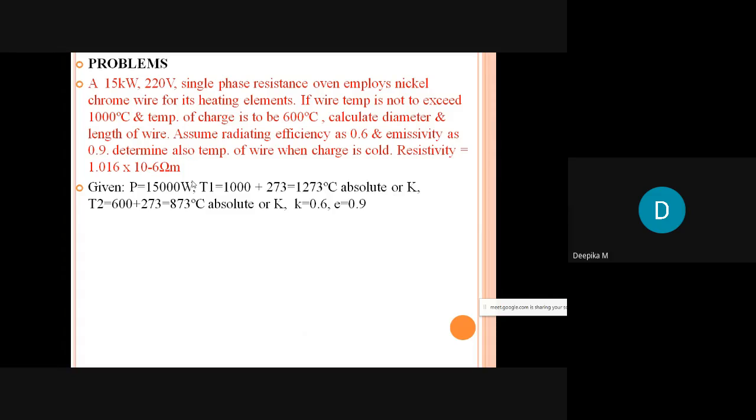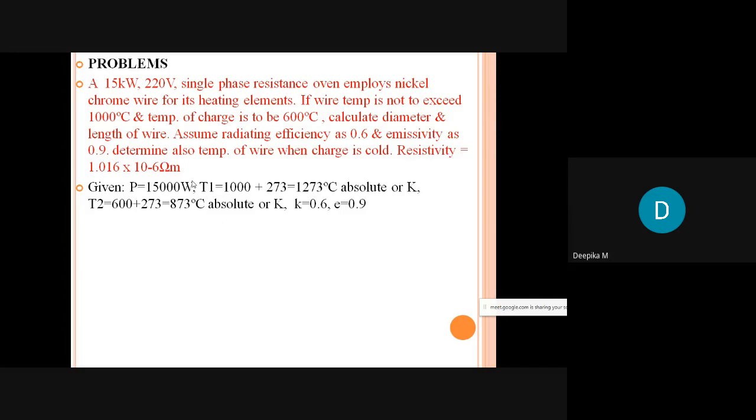So let us first list out the given data. The power input is 15,000 watt, and the temperature T1 is 1000 plus 273. They usually give it in degree Celsius, and we need to convert it into absolute temperature. So it will be 1273 Kelvin.